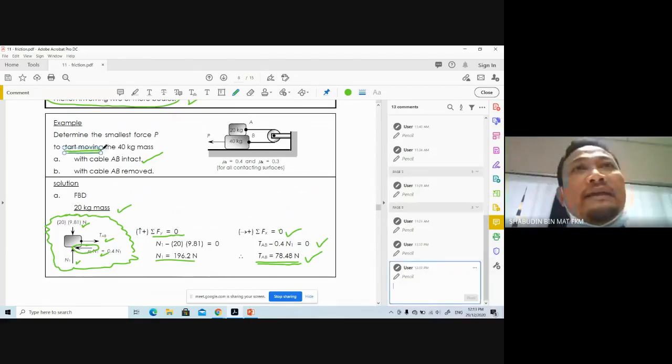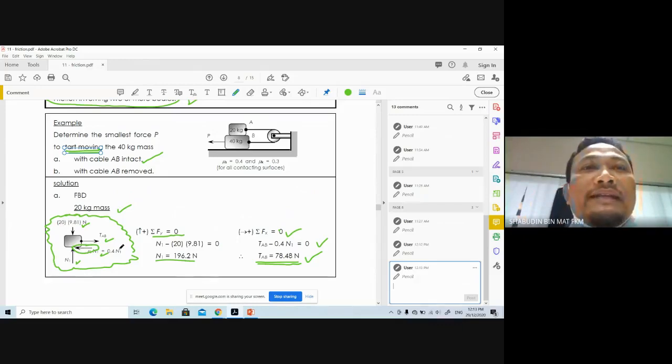But force P is pulling the 40 kilogram mass to the left, and then of course the 20 kilogram mass will tend to move to the right a little bit. It almost moves, but it doesn't move yet. But the friction must be to the left.